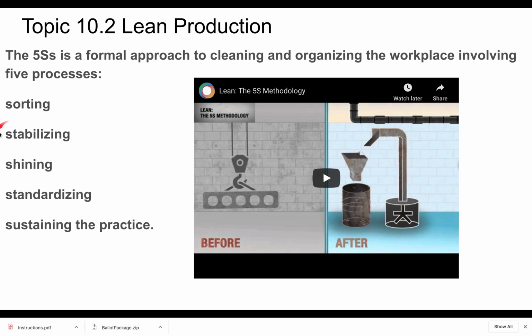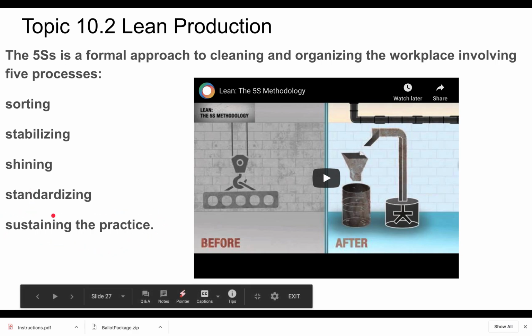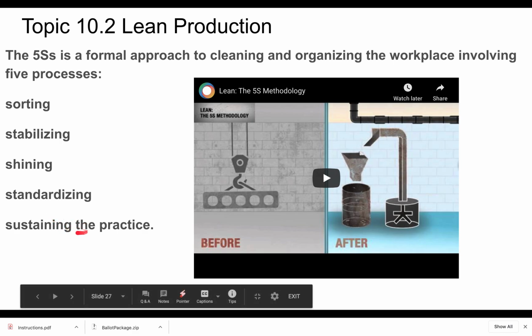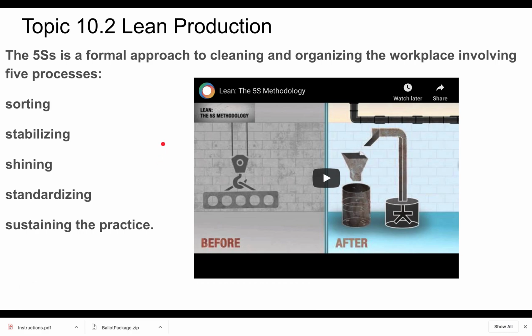You set up your space, or stabilize your space, so that it's most efficient. You make it look beautiful. You try to make it look nice and clean and shining. You're going to standardize things, so standardizing processes, and then you need to sustain the practice. That means you're going to constantly look for ways to improve and sustain and promote these practices. So that's called the 5S methodology, and this video explains it really well.